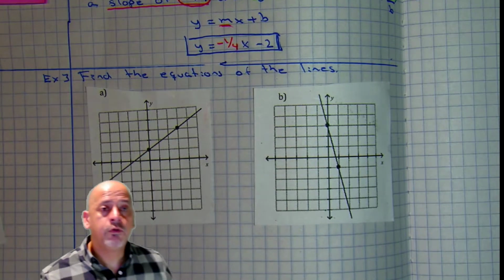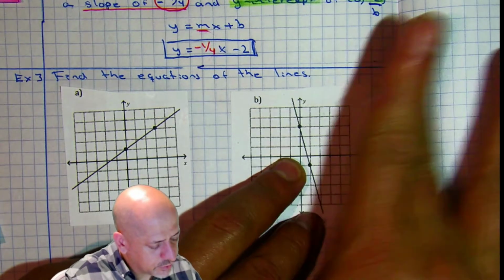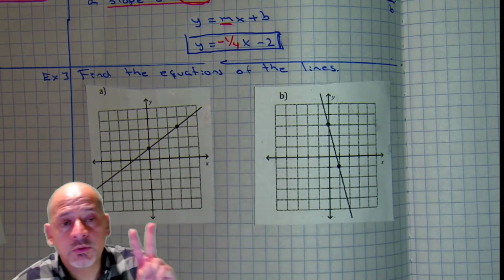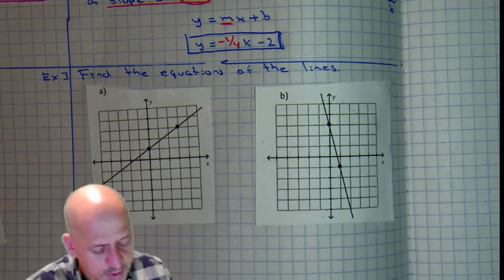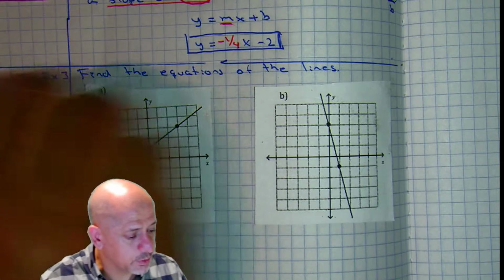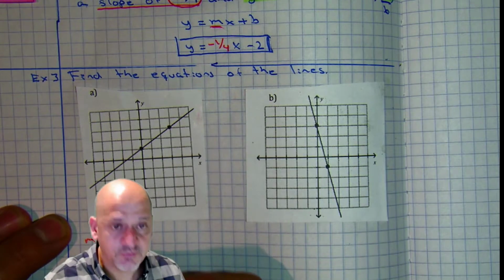And now for letter A, I'm trying to find the equation of this line. So what we need to do is find 2 things. What are the 2 things that we need to find? Correct. I need to find my slope, my m, and I'm going to place my slope in red. My slope has to be found.